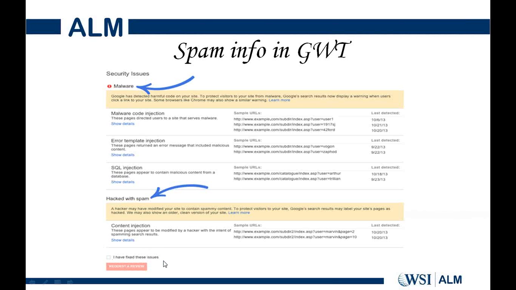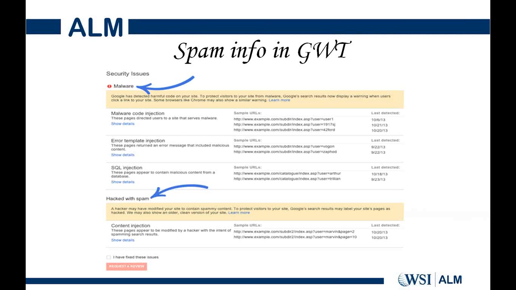When you fix the issues with your website, all you need to do is check the box, I have fixed these issues, and click on request a review. It goes into Google's queue, and after a certain time frame, which they haven't really specified but it's pretty quick, they basically give a clean slate to your website. When you search for your website in Google, it's no longer displaying the malware message below your site.